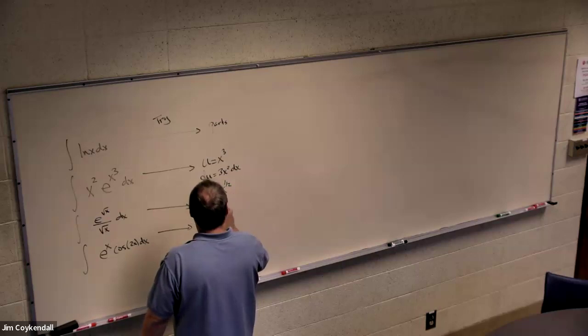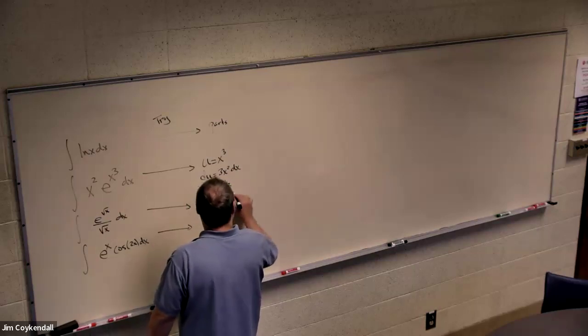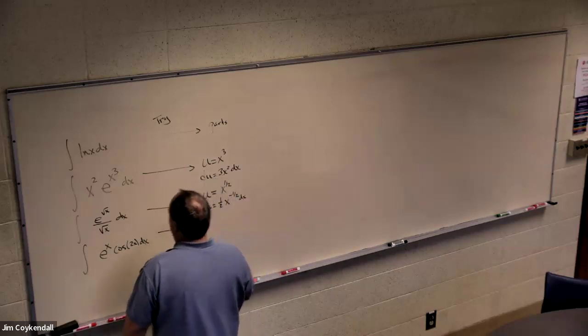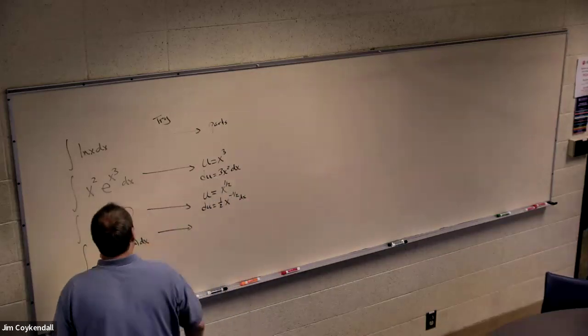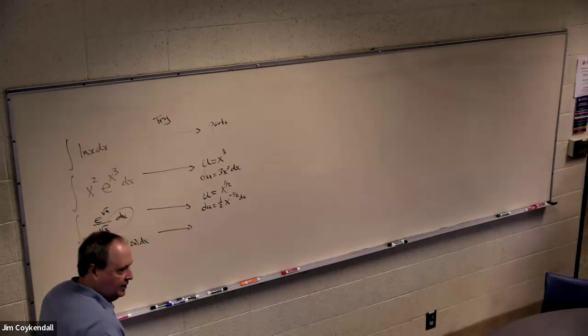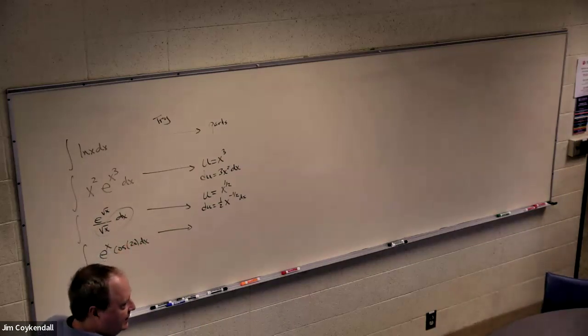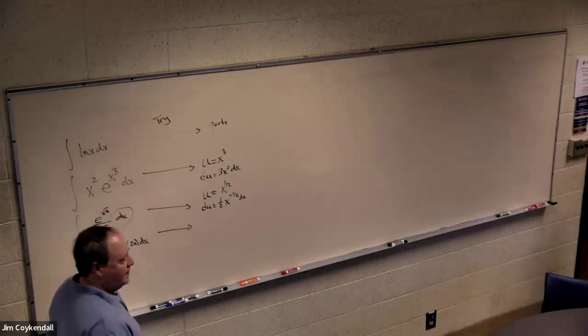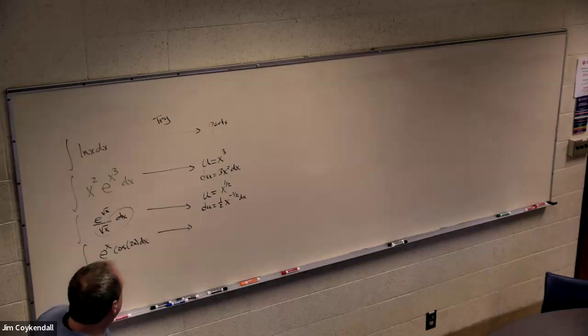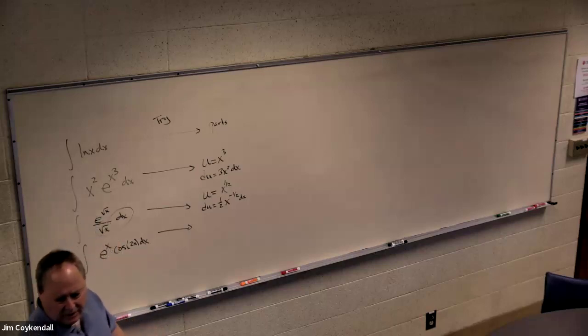Because in this case, du is the minus 1/2 power times dx, and this bit is essentially your du, and then it's even u, right? So pretty good there. How about this one here? What technique do you think you do this last?